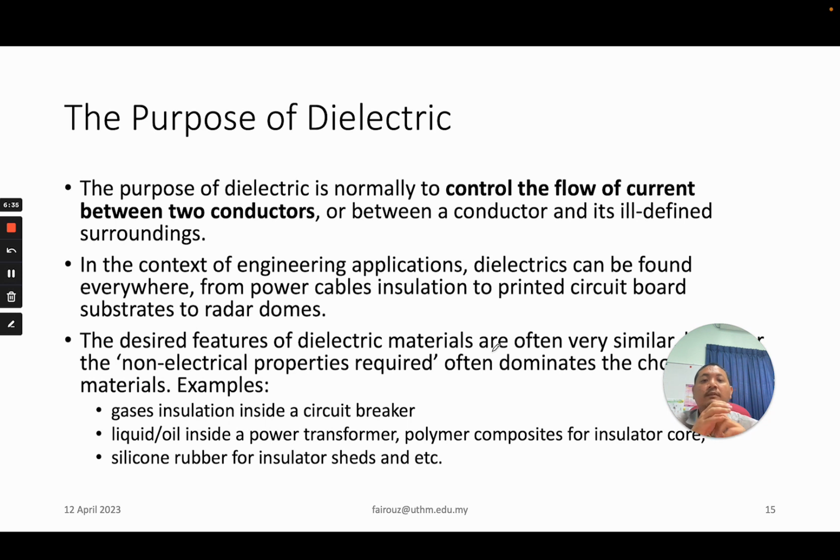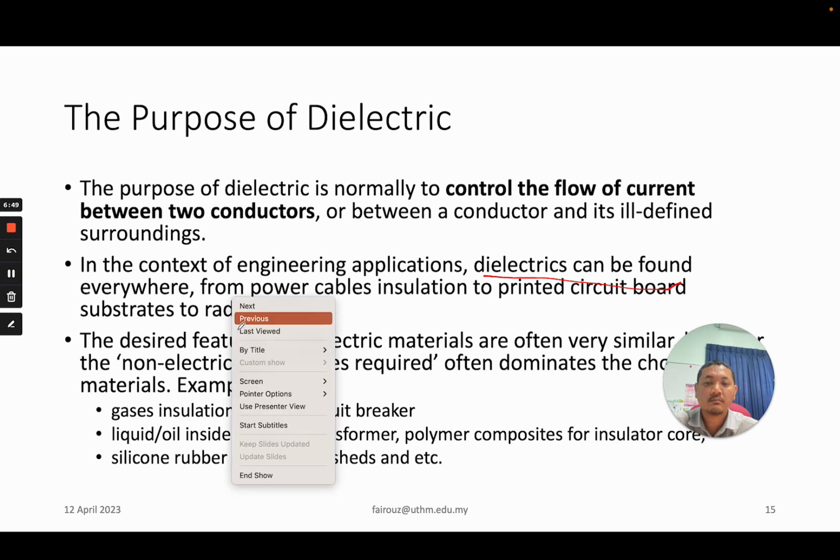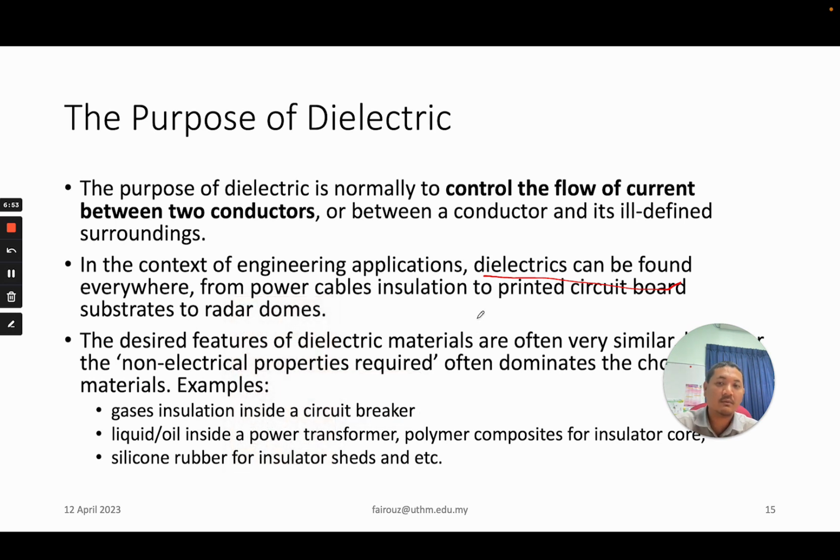In the context of engineering applications, dielectrics can be found everywhere, in many applications: power cables, cable insulation, printed circuit boards, which is for low voltage application.